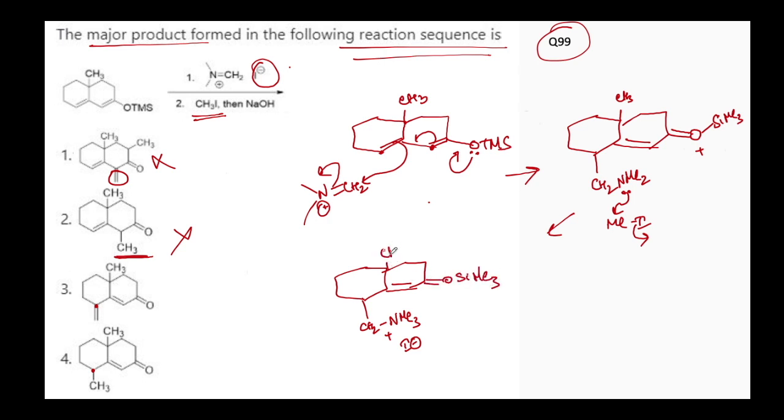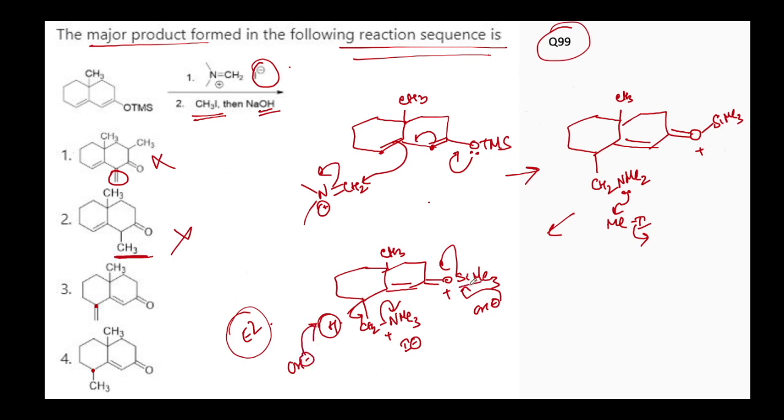You're going to see that this is your molecule. Then NaOH means you are going to remove the SiMe3 in this way, and also NaOH is used for the removal of a proton from here, and for E2 elimination, OH minus.